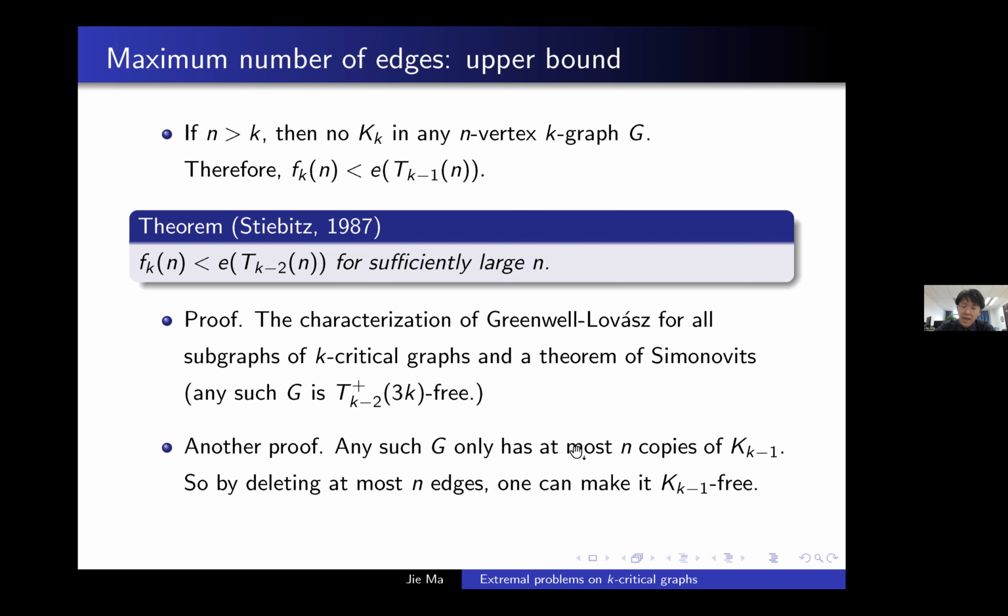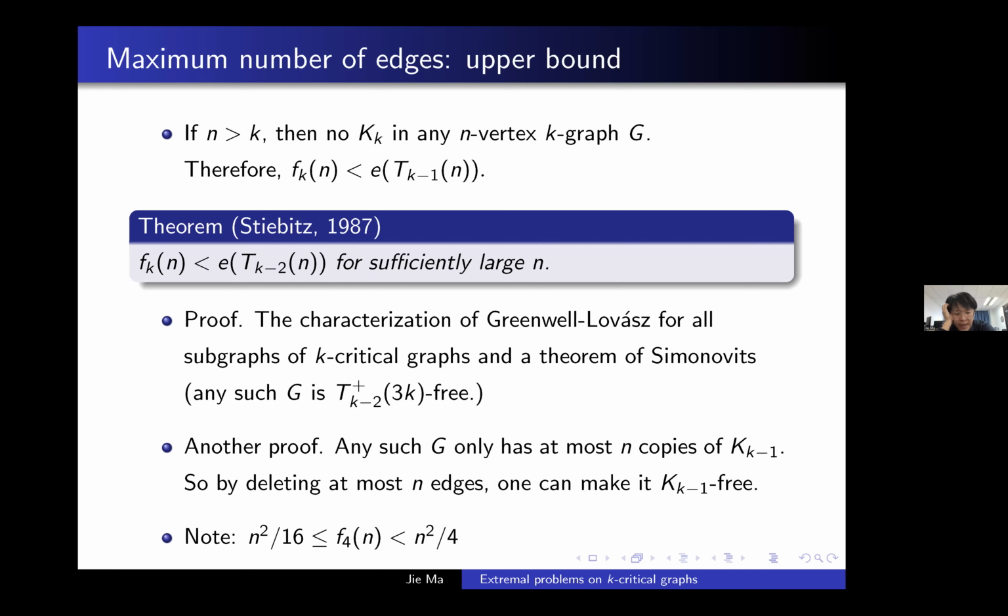But if we assume this, then as you see, we can delete at most n edges and the graph becomes K_{k-1}-free. So then we get the upper bound is this, plus maybe n. But the advantage of this new proof is that it works for any n, while the Stiebitz proof only works for sufficiently large n. But we pay a small price: we add a linear term.